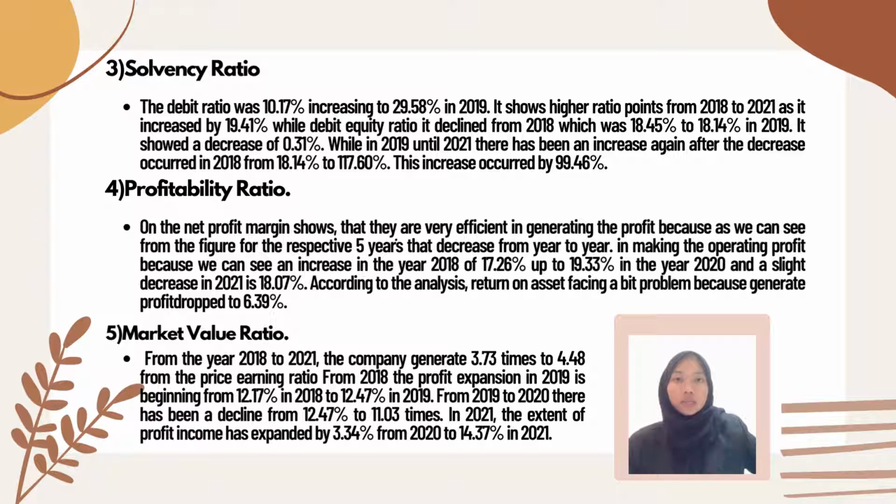From 2019 to 2020, there has been a decline from 12.47% to 11.03 times. In 2021, profit income expanded by 3.34% from 2020 to 40.37% in 2021. That's all from me.